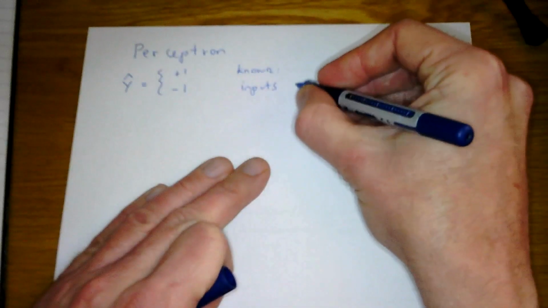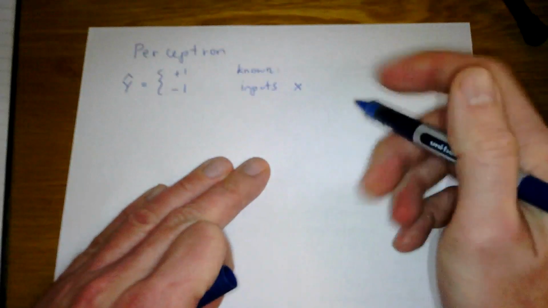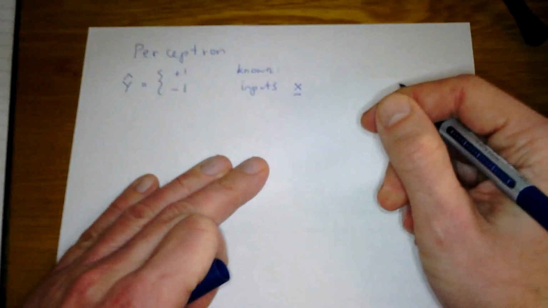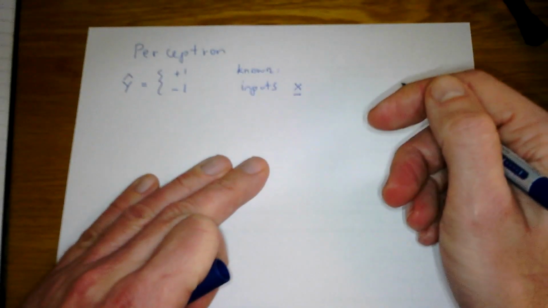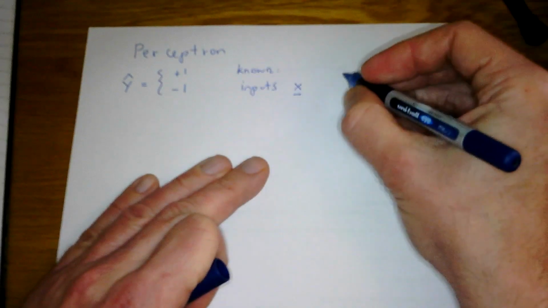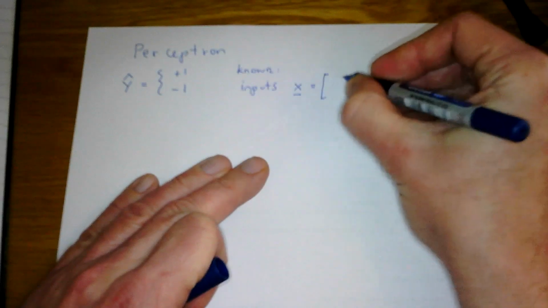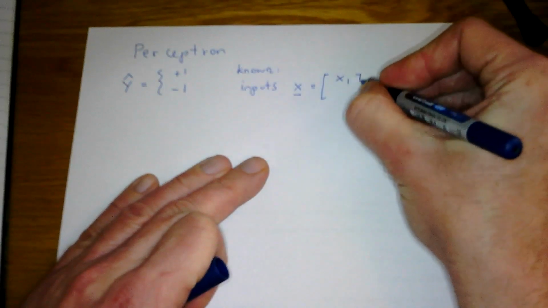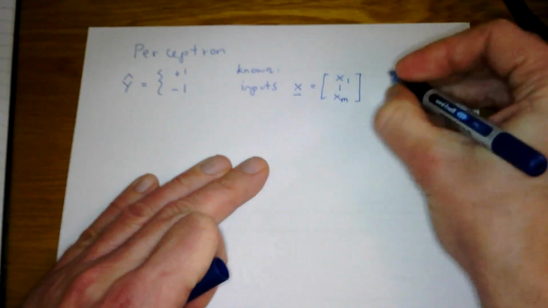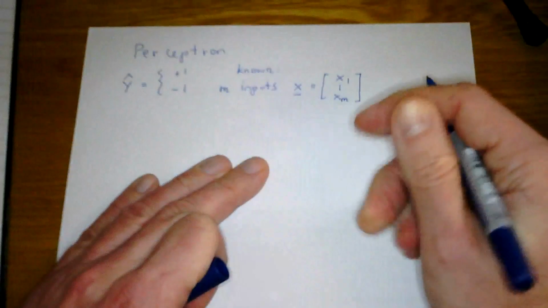And these inputs are written as a vector, and if I write a vector, I always underline the vector, I underscore that, because I can't easily do bold. So if you are in print, of course you would just do bold, but here, writing it out, I always use an underscore to indicate that this is a vector. And we would refer to this as a column vector, starting from a particular input 1 and going up to an input m. Yeah, so here we have not 1, we have m inputs which we can observe.